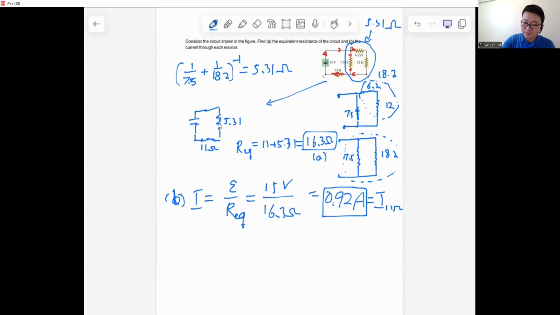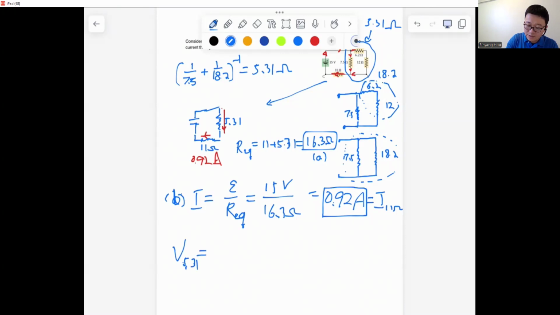Current through the 11 is known. So through this guy, we have found it 0.92 amps. And then current through this equivalent should be also that. Okay, so we can find the voltage across this equivalent, V on the 5.31 ohms.